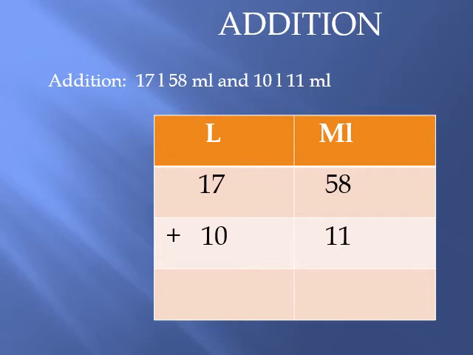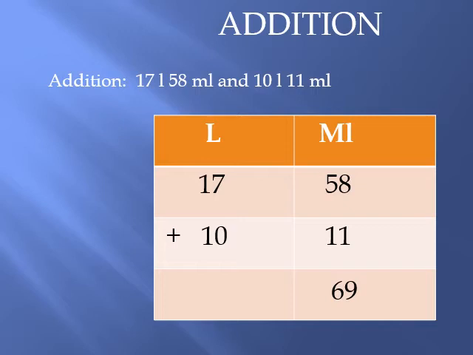Now let's take another example. 17 liter 58 milliliter plus 10 liter 11 milliliter. We will write in columns and add them separately. First we will add milliliter. 58 milliliter plus 11 milliliter is equal to 69 milliliter.